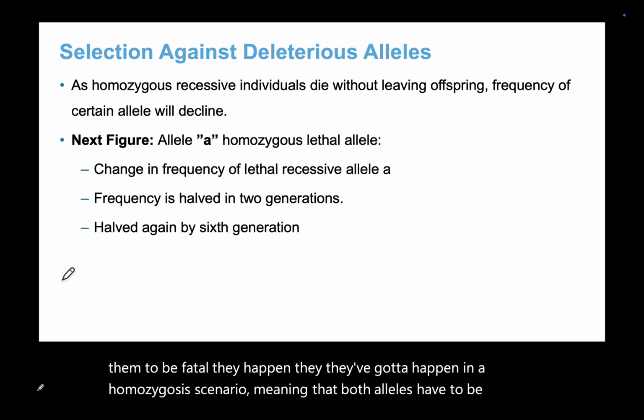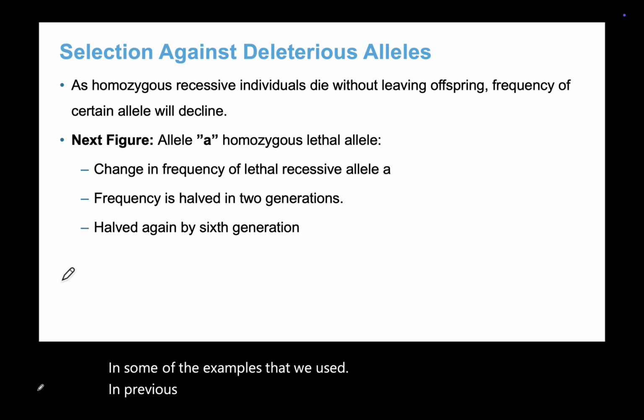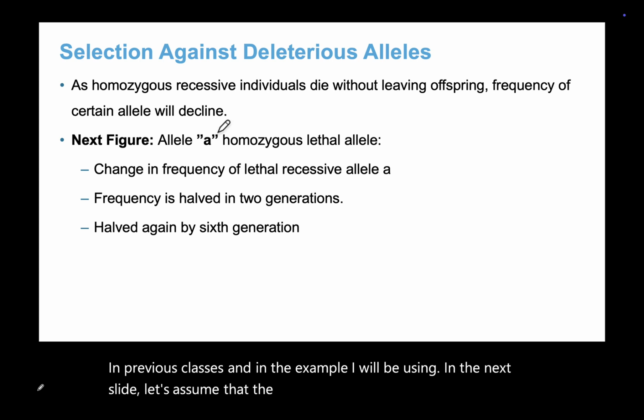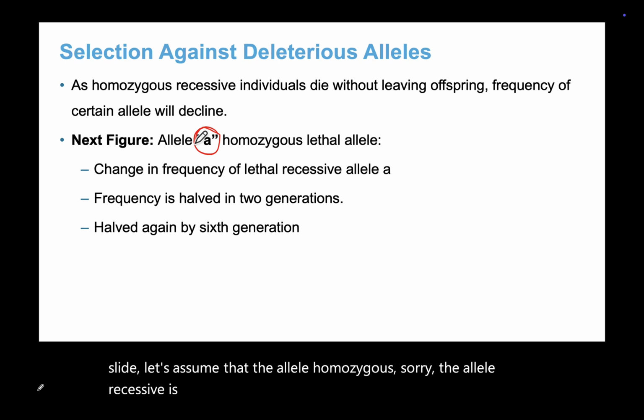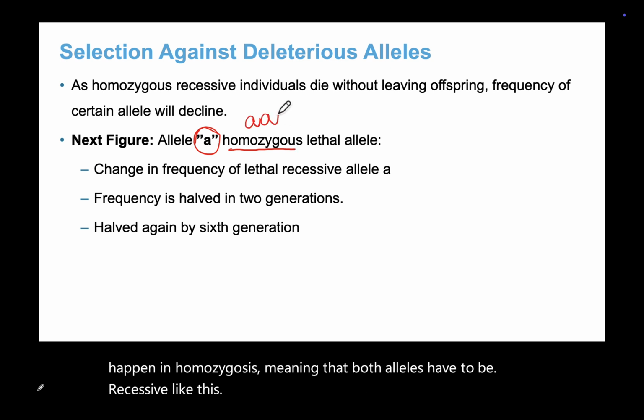In some of the examples that we used in previous classes, and in the example I will be using in the next slide, let's assume that the recessive allele is lethal. Okay? And for this allele to be lethal, it has to happen in homozygosis, meaning that both alleles have to be recessive, like this, okay?